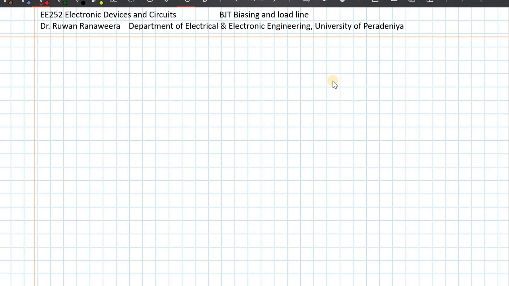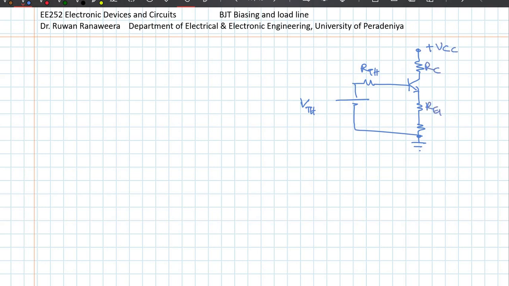Okay, so let me draw the DC equivalent circuit now with the bias circuit replaced with its Thevenin equivalent circuit. So you have the 10 volts, the RC, the transistor, and you have the resistors. And here you connect this to the Thevenin equivalent circuit represented by this RTH and VTH. This is plus VCC, RC, RE1 and RE2.